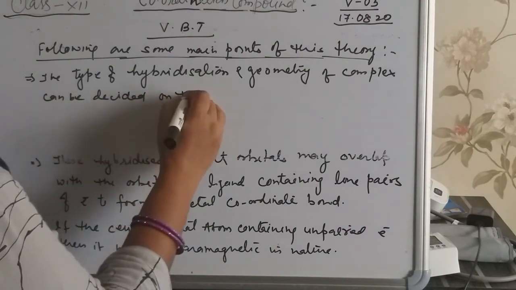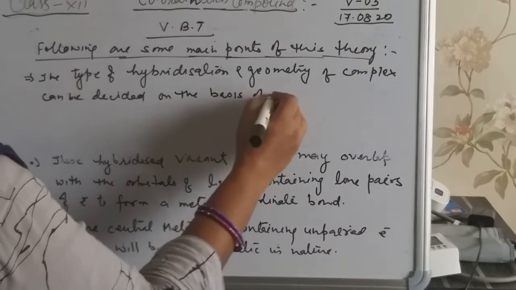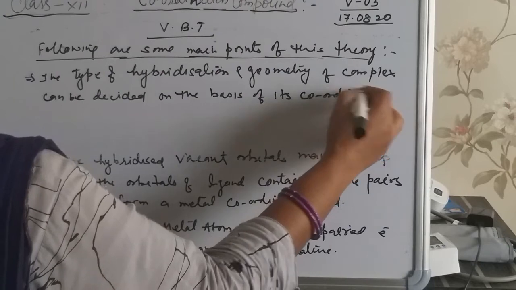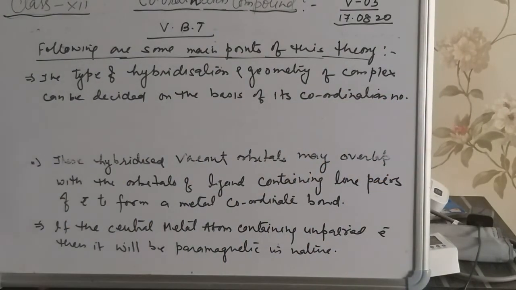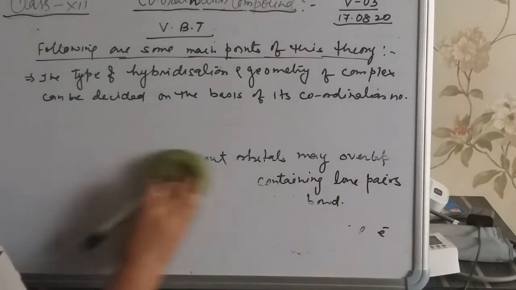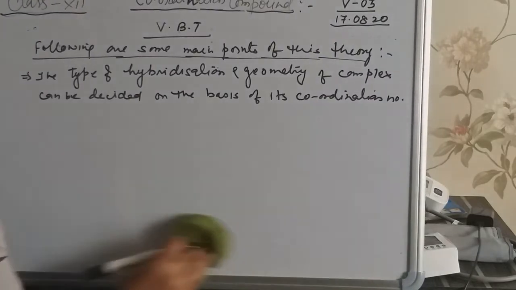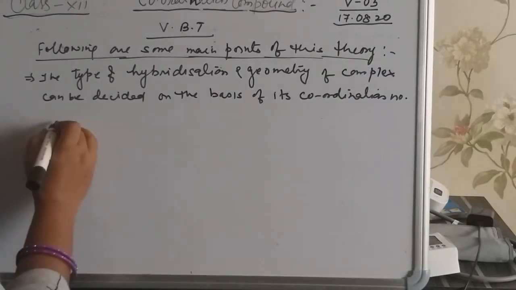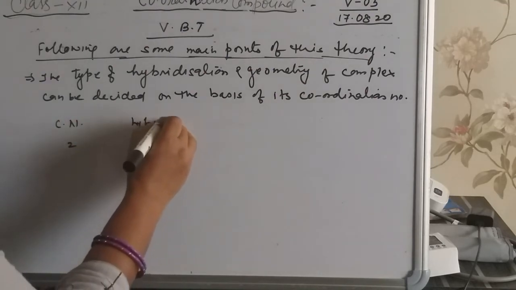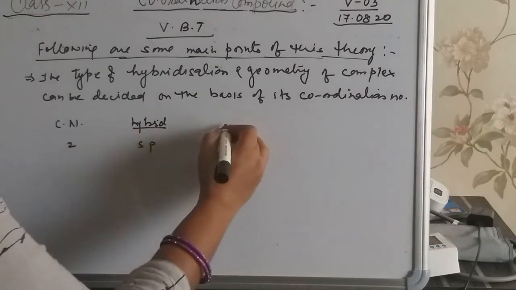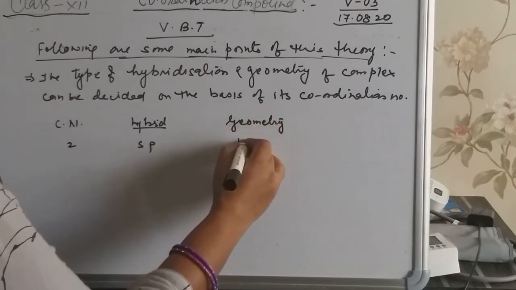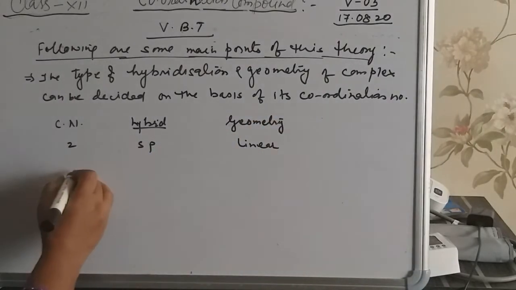Suppose the coordination number is 2, then the hybridization is sp and the geometry is linear.